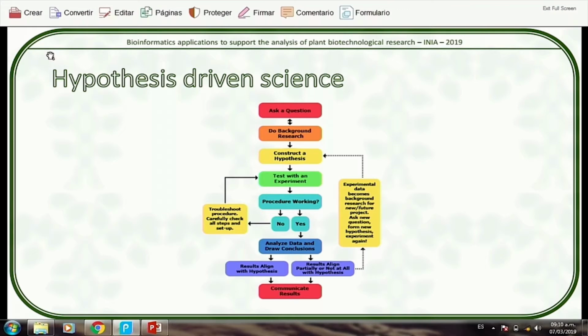After we get the tests working, yeah, we got data. But more often than not, people don't think beforehand about how they are going to analyze the data they get.